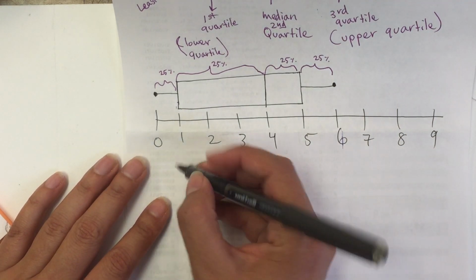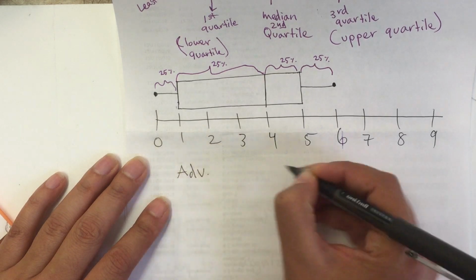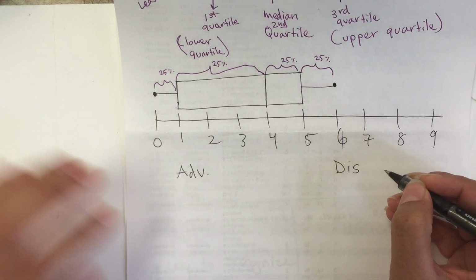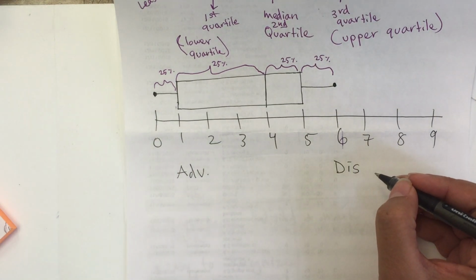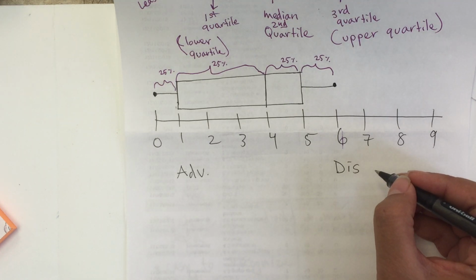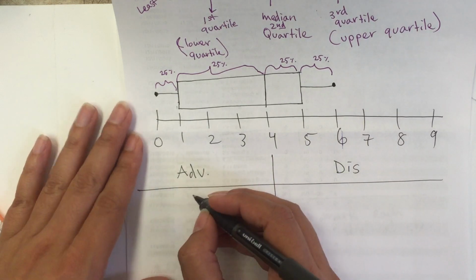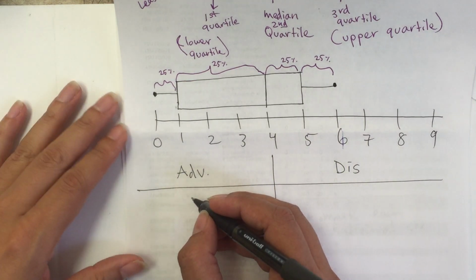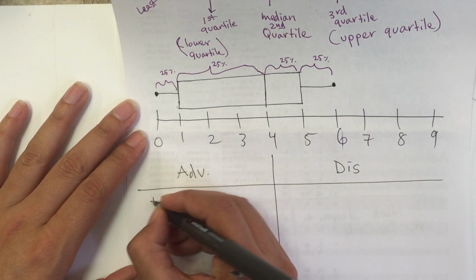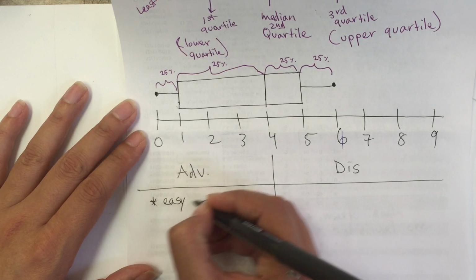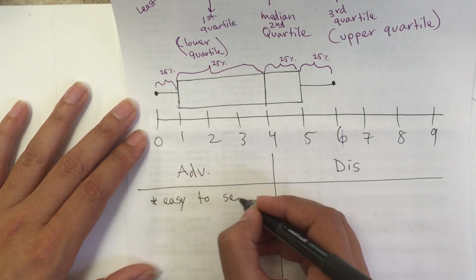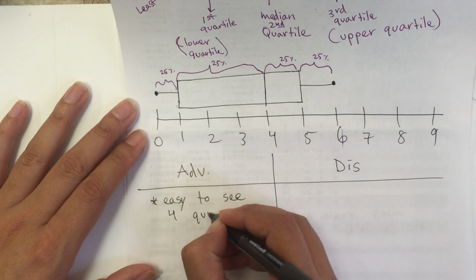And so, advantages and disadvantages. Well, it's easy to see the 4 quartiles.